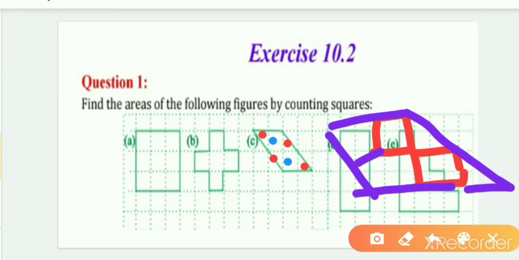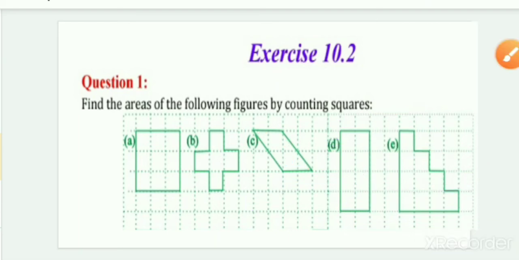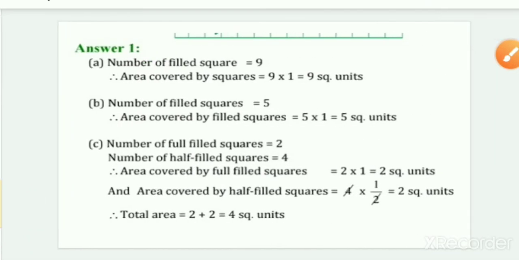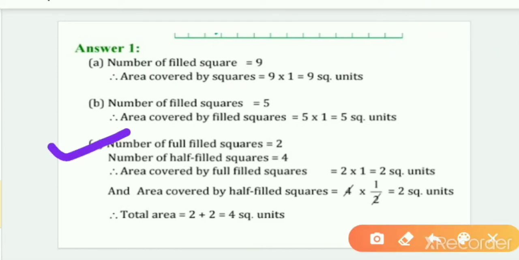In this figure, you see the blue dots indicate that 2 full squares are there, and the 4 red dots indicate that 4 half filled squares are there, right? So the number of full filled squares we have is 2, and the number of half filled squares we have is 4.